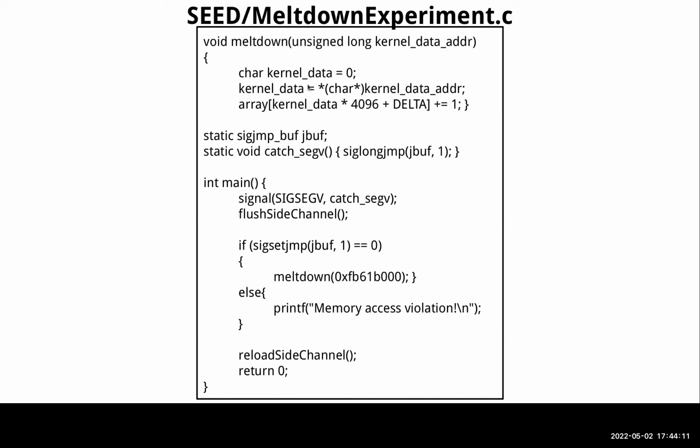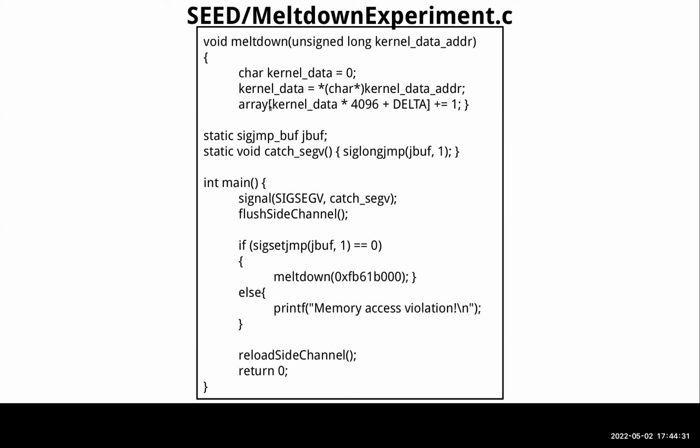The second thing is the CPU needs to check if you have the permission to read this data. And checking the permission takes a longer time. That's why it's doing both things at the same time: checking if I have the permission and also moving the data.